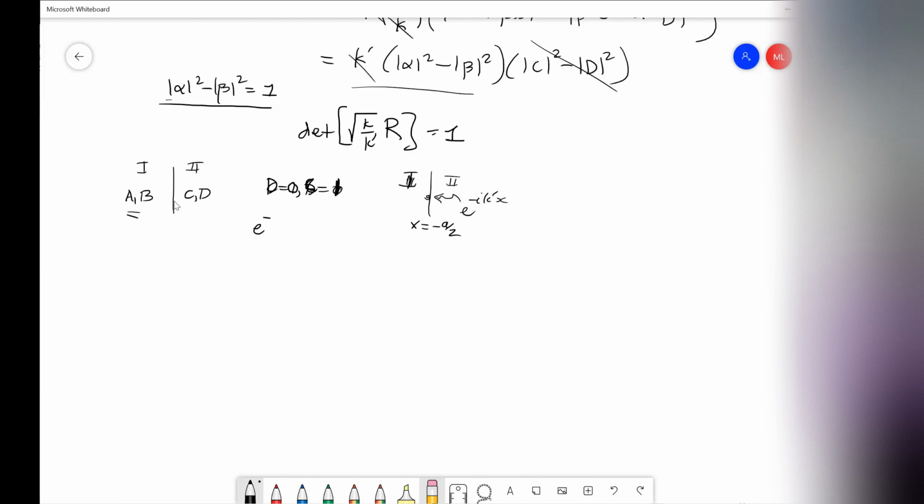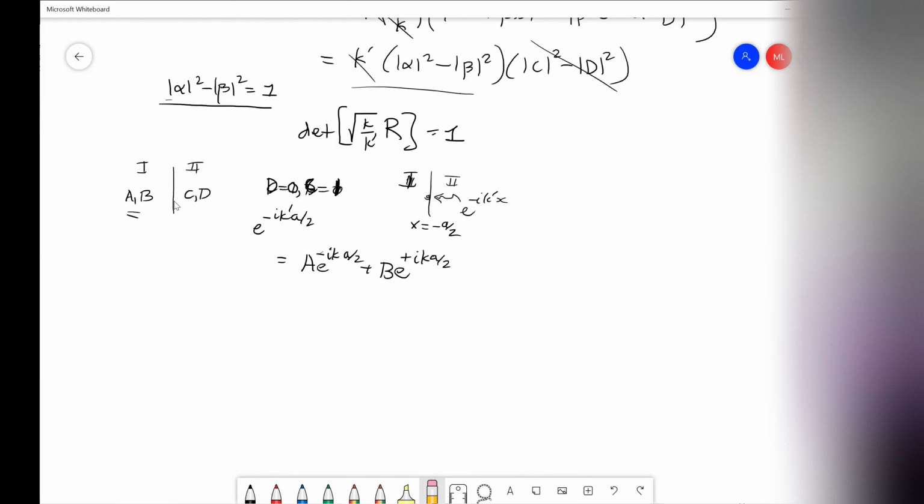So you would do the matching just as we did last class. This is e to the minus i k prime a over 2, and this has to be equal to A e to the i k a over 2 plus B e to the minus i k a over 2.